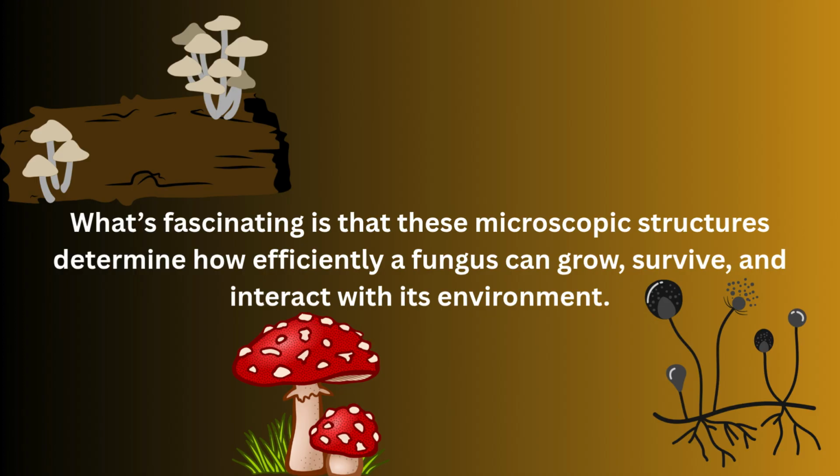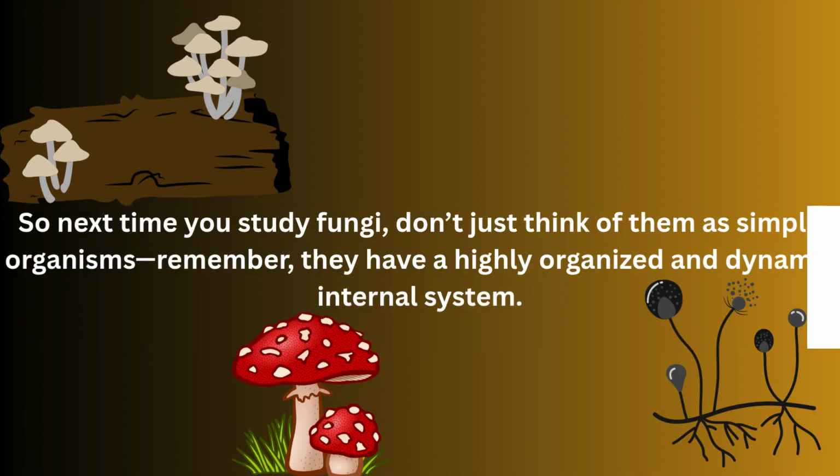What's fascinating is that these microscopic structures determine how efficiently a fungus can grow, survive, and interact with its environment. So, next time you study fungi, don't just think of them as simple organisms. Remember, they have a highly organized and dynamic internal system.